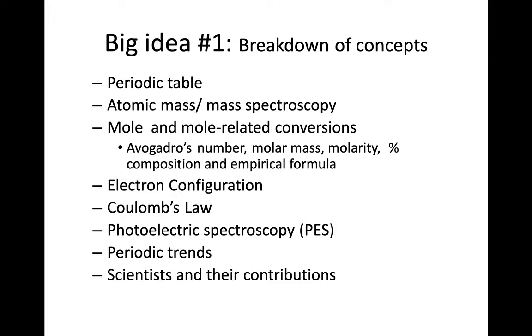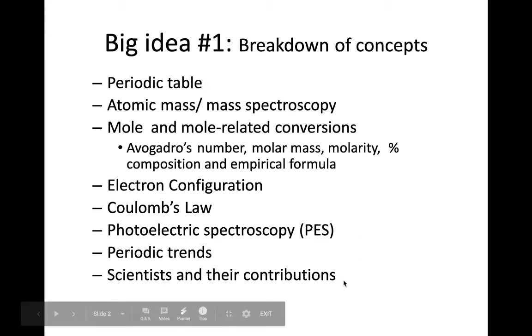We need to be able to use atomic mass and moles in calculation problems. We need to be able to talk about electron configurations and how that influences a material's property. We'll talk about Coulomb's law, as well as a couple analytical techniques that you might see come up as well.